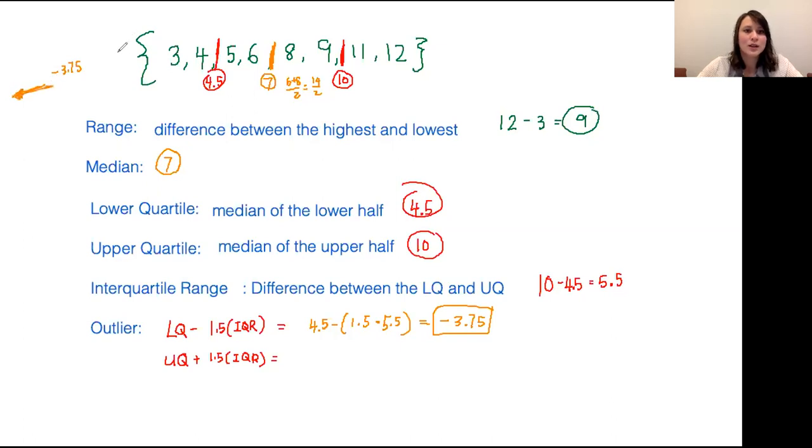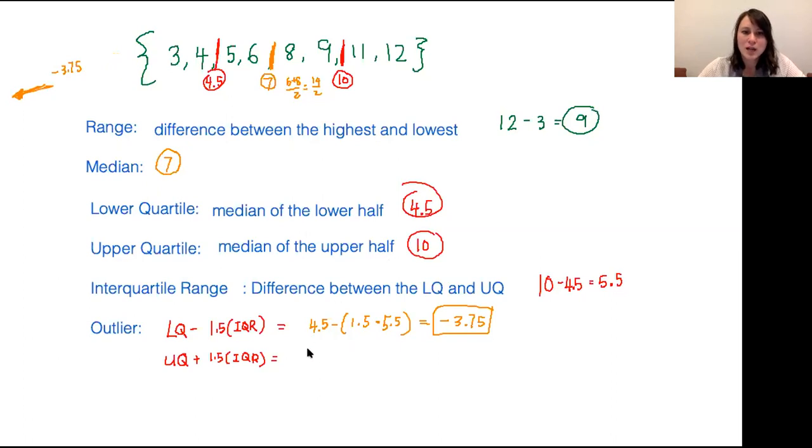So if I put a number like 0 here, if 0 is in my set of data, that's not considered an outlier. It's not so small or so big that you would say, okay, that's a random, weird number that doesn't really fit in with the norm of my information.